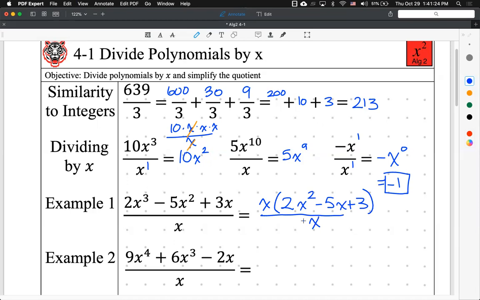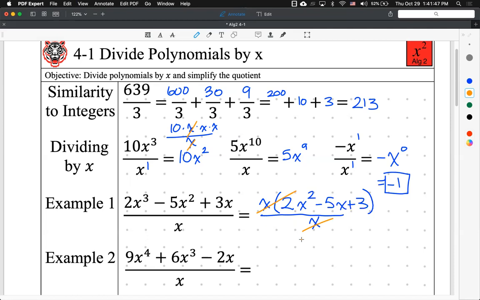I have one tiny monomial, and I have a trinomial. These polynomials are being multiplied by each other. If they're being multiplied, I have permission to cross cancel. The x and the x cancel out. So the x and x are gone. And as Jose said, you're left over with that 2x squared minus 5x plus 3.